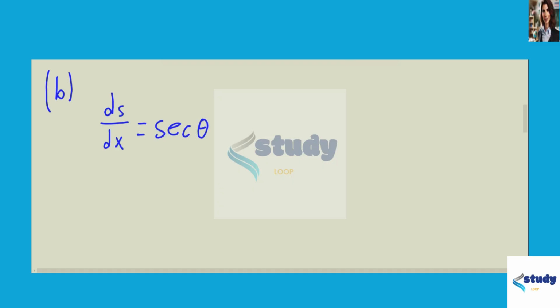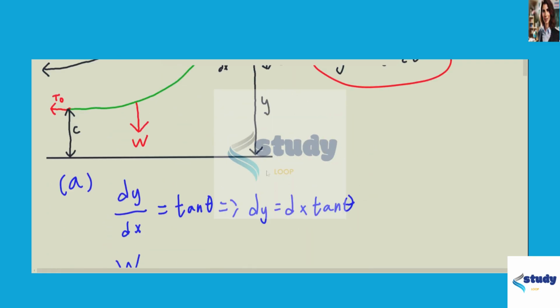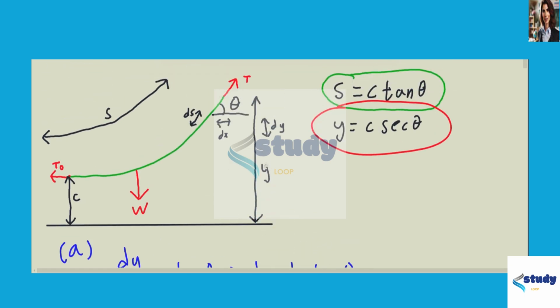Since if we look at the free body diagram, the hypotenuse of this angle theta is going to be this ds, and the adjacent of this angle is going to be this dx here.